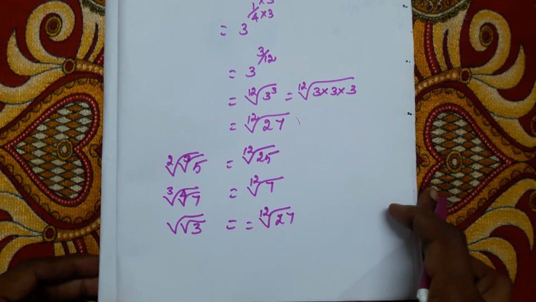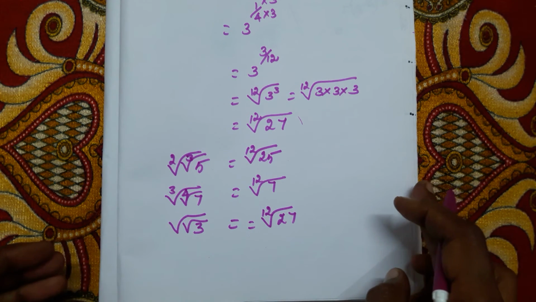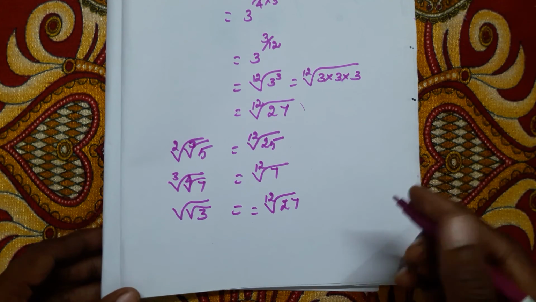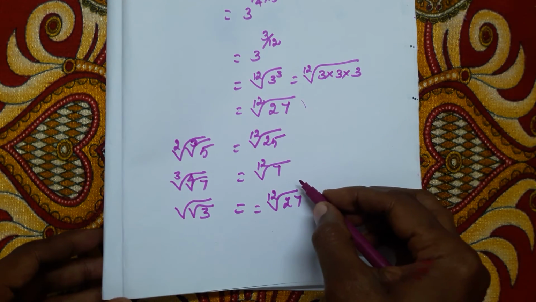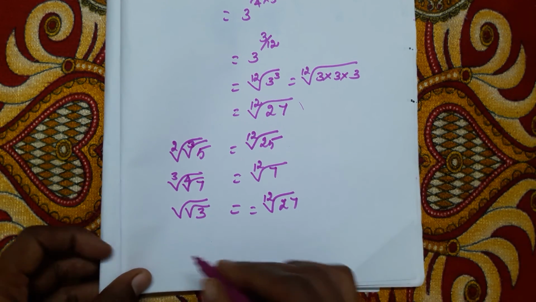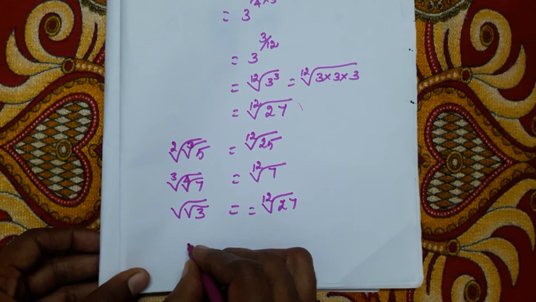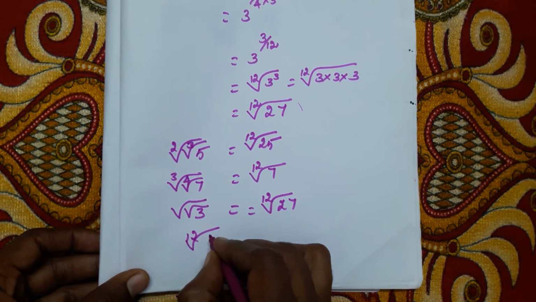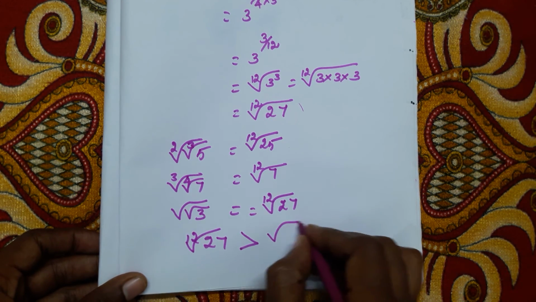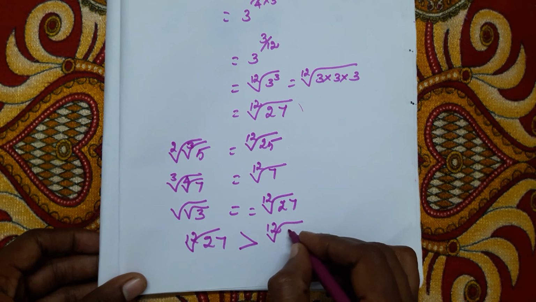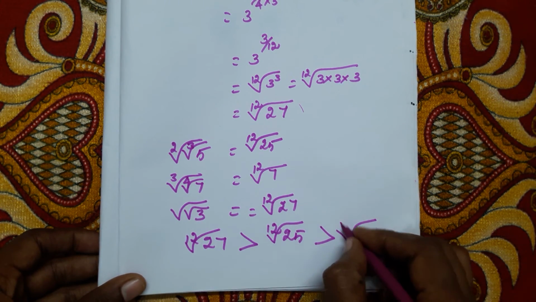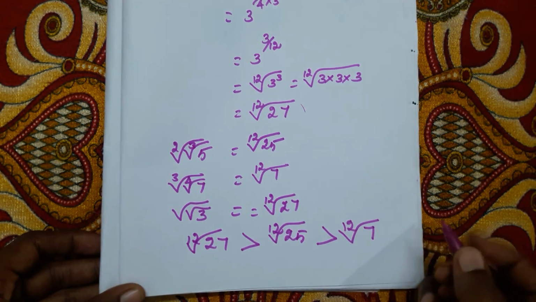What is the meaning of descending order? Writing big to small. Here what is the big number? The 12th root of 27, so we have to write it first. The 12th root of 27 is greater than the 12th root of 25, which is greater than the 12th root of 7.